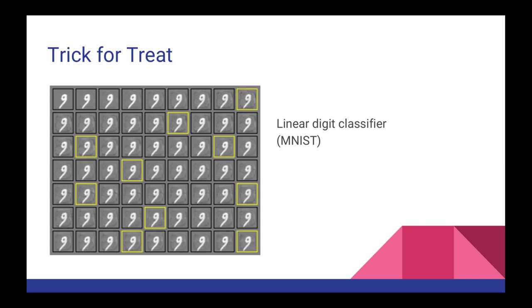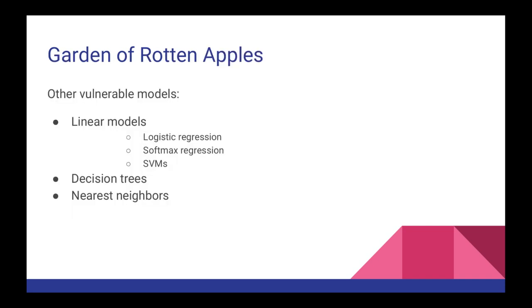In the second row, the 9 in the yellow square is classified as a 1, and that's due to perturbations that are intentionally added to the image. In the third row, the two 9s in yellow squares were classified as 2s, and so on. So you can see that even linear digit classifiers are susceptible to adversarial examples. What about other types of classifiers?